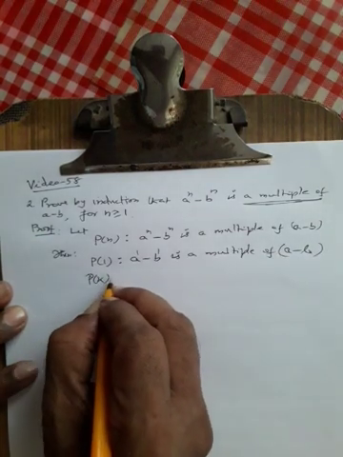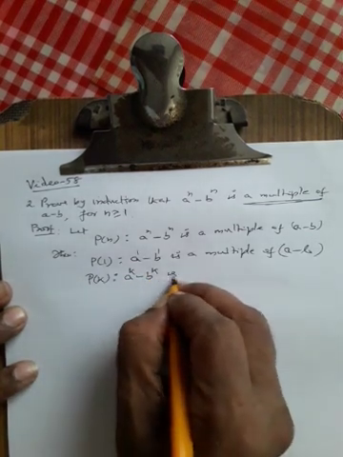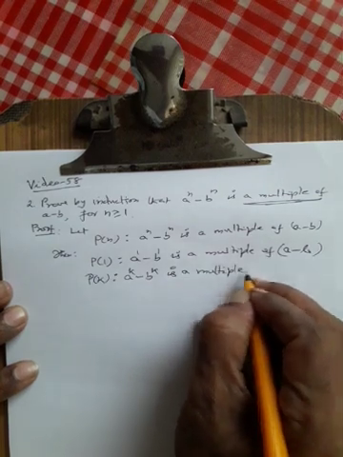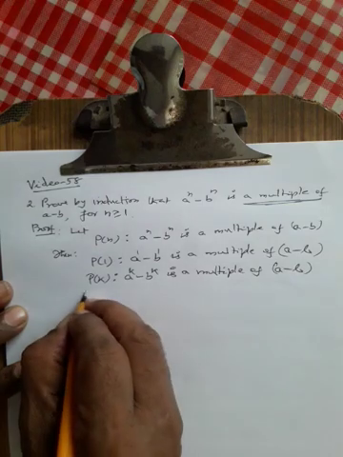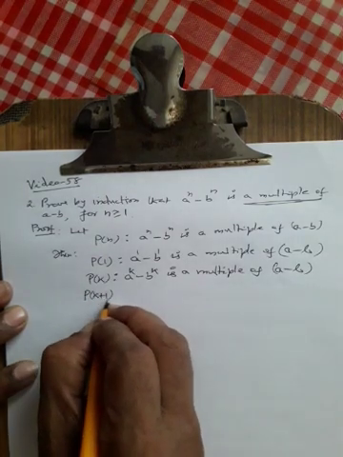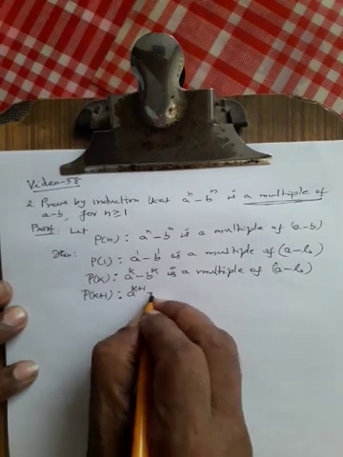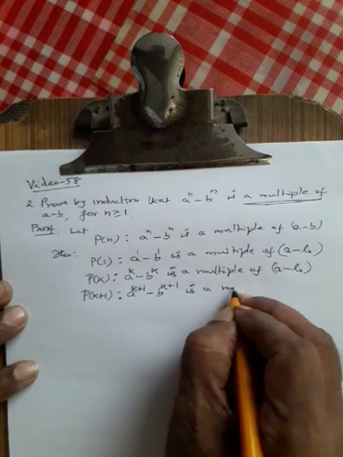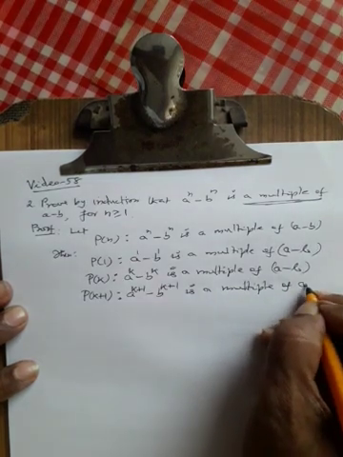P of k is a power k minus b power k is a multiple of a minus b. P of k plus 1 is a power k plus 1 minus b power k plus 1 is a multiple of a minus b.